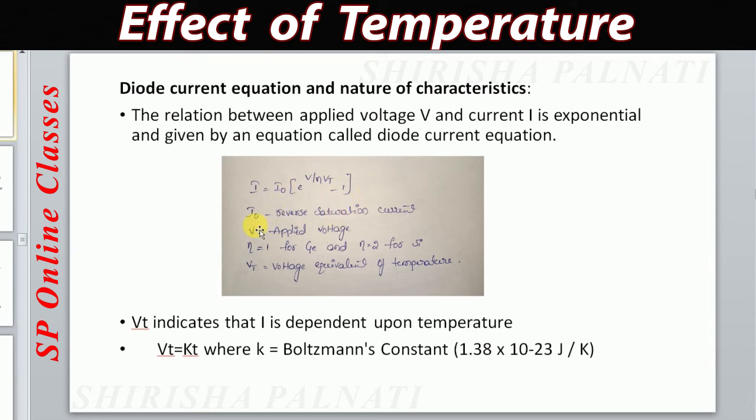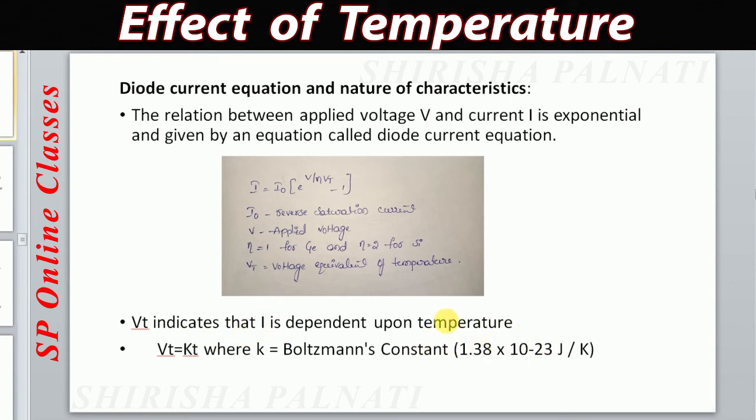In this diode current equation, I naught is the reverse saturation current. Already you know what reverse saturation current is. V is the applied voltage, eta equals 1 for germanium and eta equals 2 for silicon. Vt is the voltage equivalent of temperature. Here Vt indicates that I depends upon the temperature.